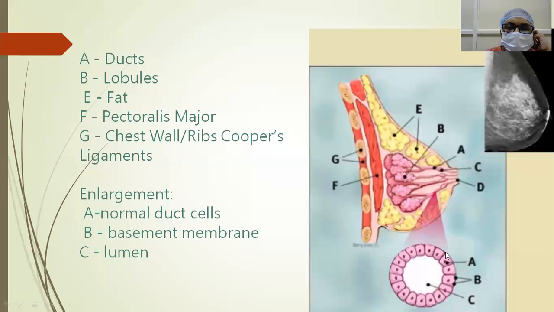These are normal duct cells. This is the basement membrane and this is the lumen. This is the picture. You can look at the radiographic picture of the breast. Chest wall, ribs, and Cooper's ligament.